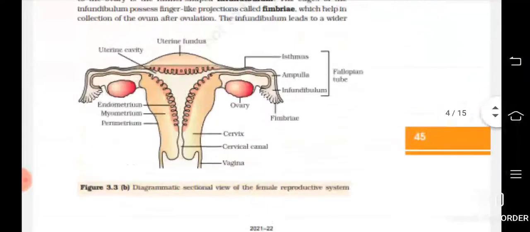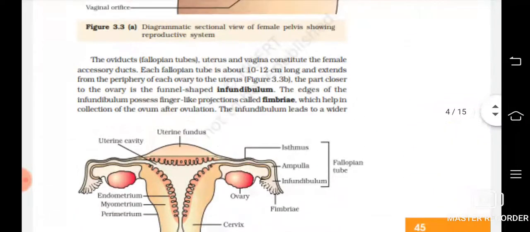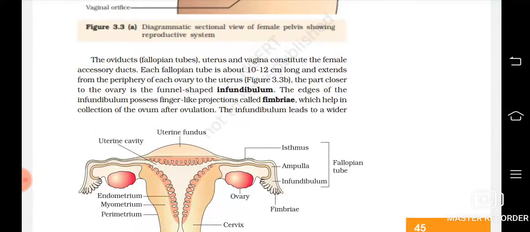Then we have seen that the oviducts are also known as the fallopian tube, and it has three parts: the infundibulum, ampulla, and isthmus. In this only fertilization occurs.